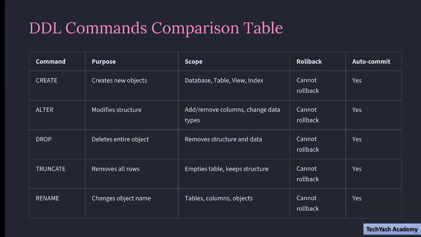Drop deletes the entire object, removes structure and data, and cannot be rolled back. Truncate removes all rows, empties the table, keeps the structure, cannot be rolled back, and auto commit happens. Rename changes the object name, table, column, and objects, cannot be rolled back, and auto commit happens.